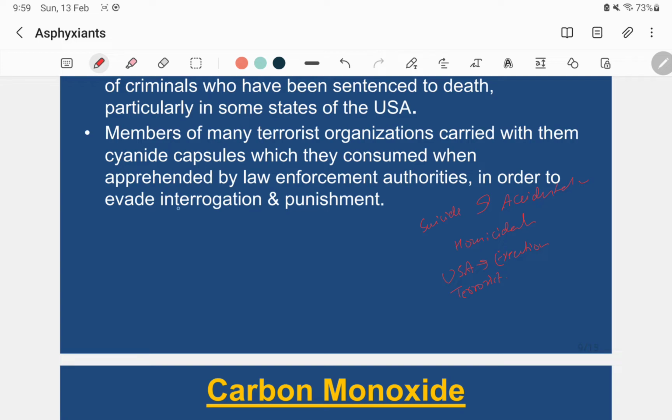But they are very loyal to their organization, so they will self-destruct. They take the cyanide pills, cyanide capsules, and then they die very soon after getting caught. So they evade the interrogation and punishment.